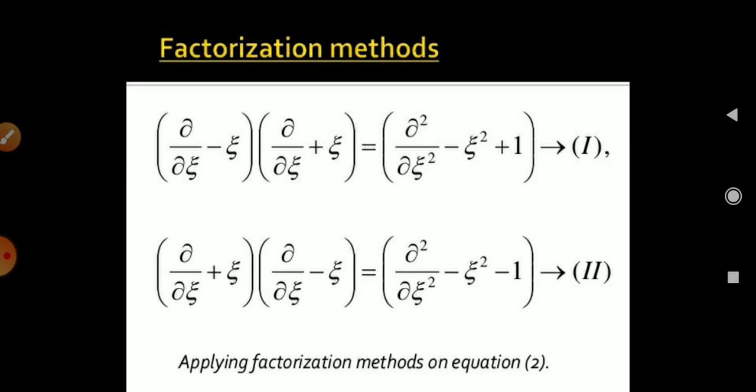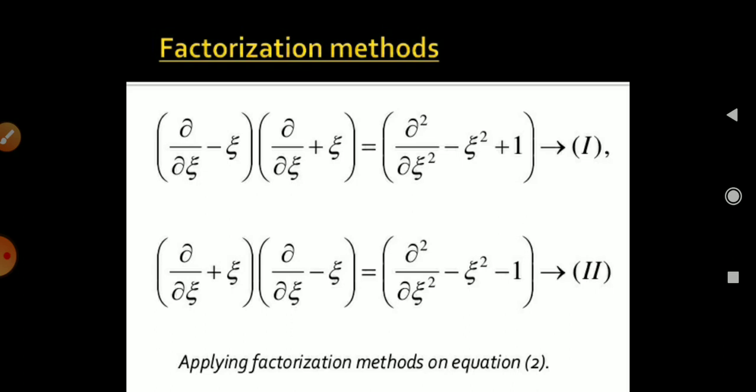For this, (del by del epsilon minus epsilon)(del by del epsilon plus epsilon) equals del square by del epsilon square minus epsilon square plus 1. This is the first equation, and the second equation will be (del by del epsilon plus epsilon)(del by del epsilon minus epsilon) equals del square by del epsilon square minus epsilon square minus 1, which is equation second.